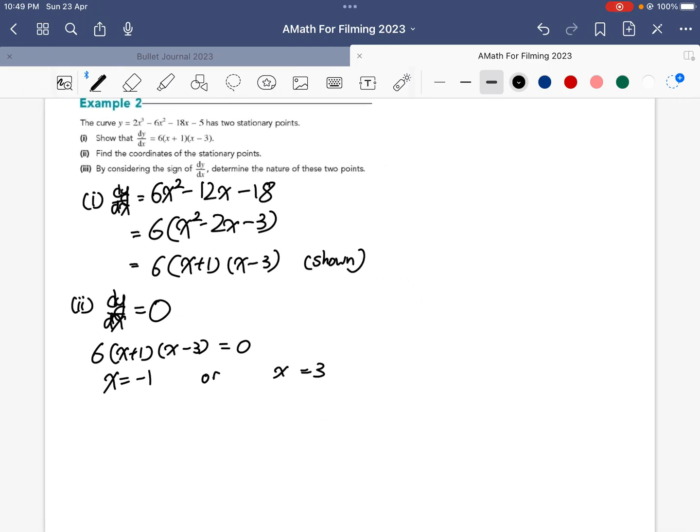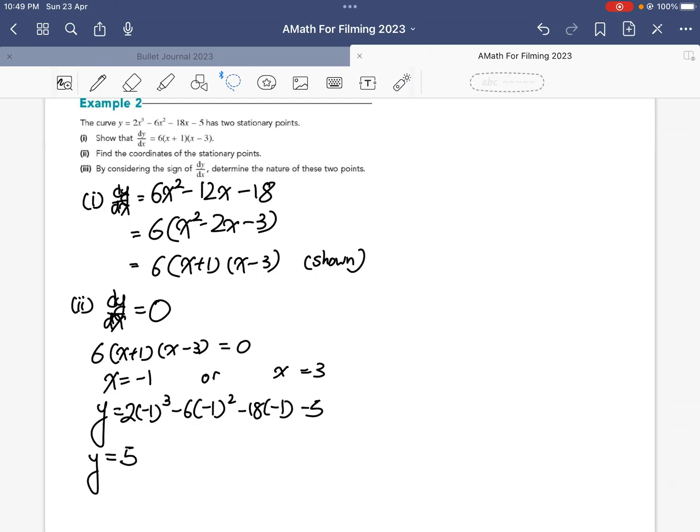Now if I want to find my y values, I will use the equation of the curve itself. If I substitute in here, I just do it for negative 1. The other one I'll just give you the answer. Negative 1 squared minus 18 times negative 1 minus 5. You use your calculator, and what you'll find is that your y value is equal to 5.